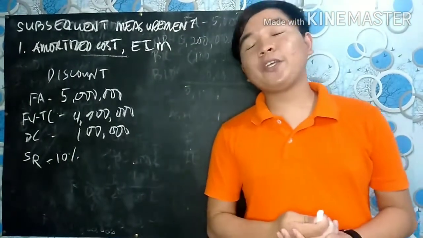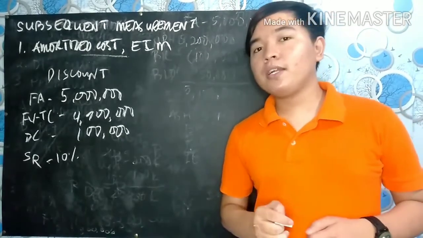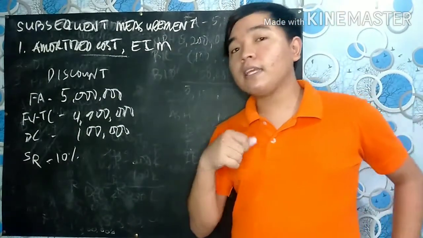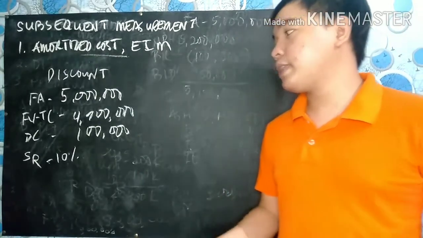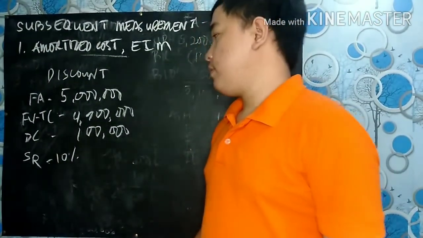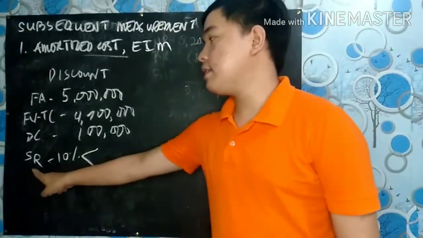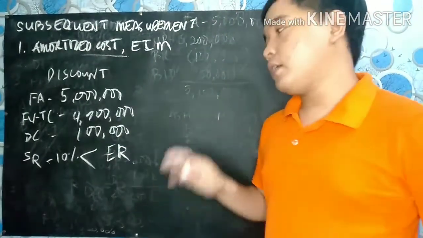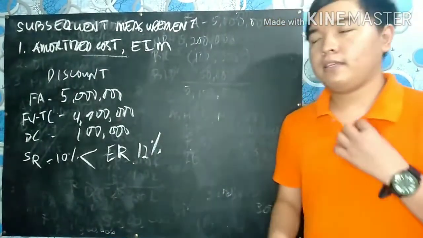Sa tingin nyo, magkano yung effective rate? Always remember na kapag discount ang initial measurement natin, stated rate is lower than the effective rate. So, assuming ang magiging effective rate natin is 12%.